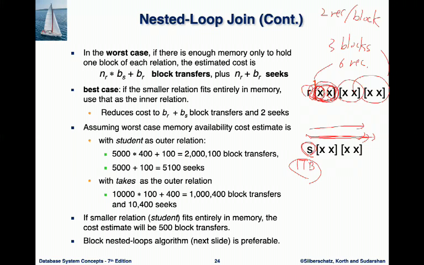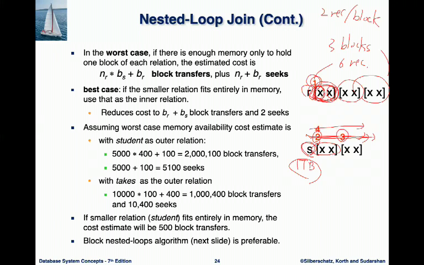For block transfers, 1 block read, and then every block in S will be read. This is a weird example because I'm saying that 2 blocks occupy 1 terabyte of space, but just assume that 1 full scan on S reads every block in S once. So here, block transfer number 1, number 2, number 3.